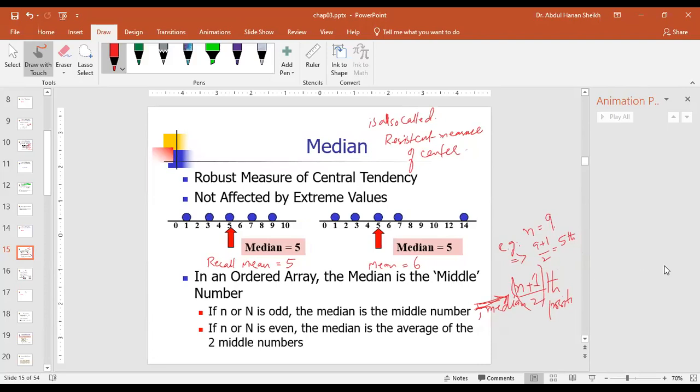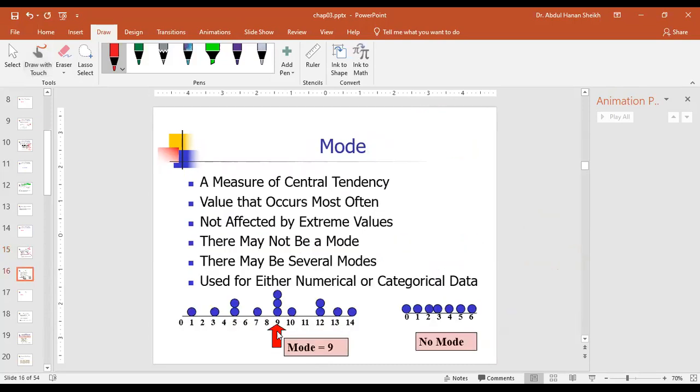It makes sense. If it is even, then the average of the two middle values is the median. So this is median.